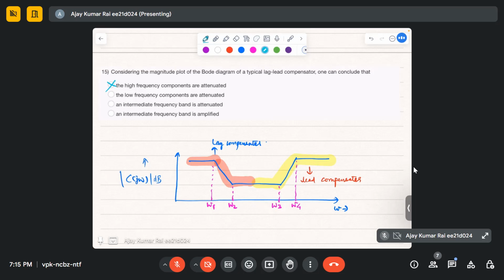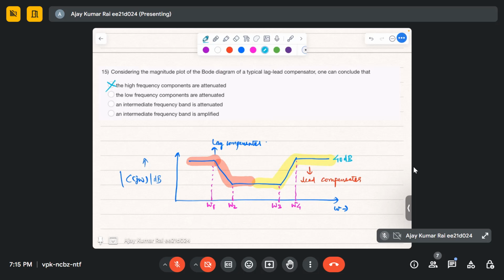Let me say like 40 dB, just to give you a quantifiable magnitude. If you multiply this C(s) with the plant transfer function, in dB you are actually adding some gain, right?